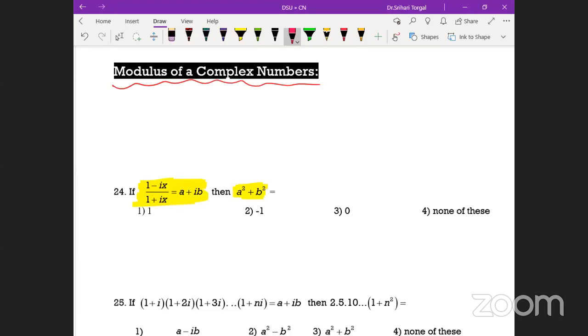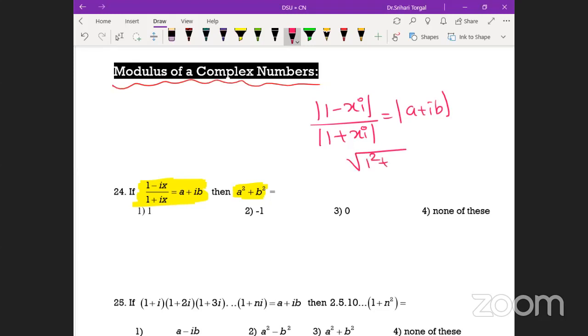x square plus y square. If you see such kind of things, just think of modulus. Just think of modulus. What is that? Modulus of 1 minus xi, modulus of 1 plus xi is equal to modulus of a plus ib. What is the modulus of this?